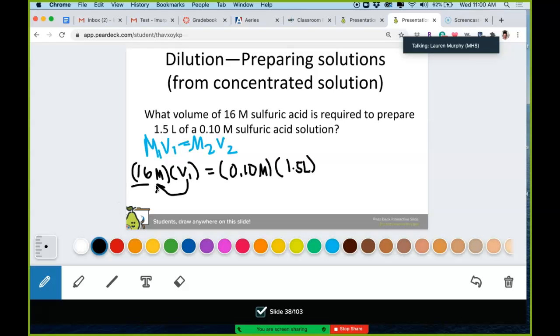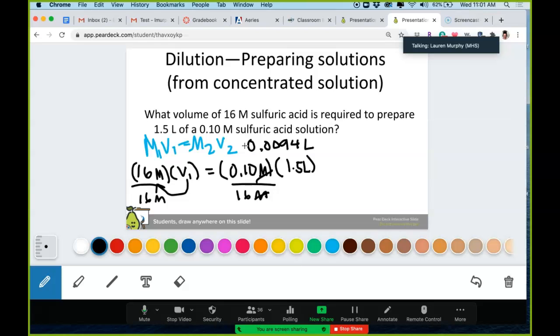So you divide both sides by 16 molar, and you end up with 0.0094 liters. So the math is great. Great, we have the math down. Any questions so far?